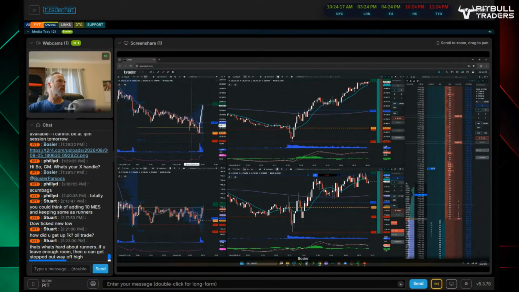But look at how NQ is sort of ripping and taking these buy stops. So if ES decides to go along, right, then there's a lot of buy stops up above there that in theory should be providing a sweep to the upside.